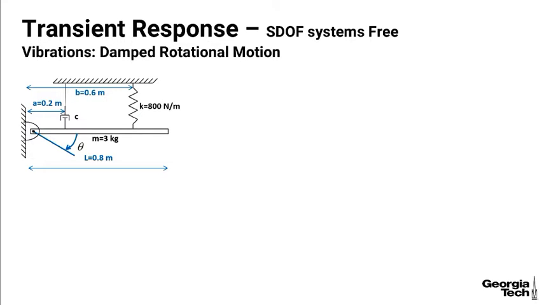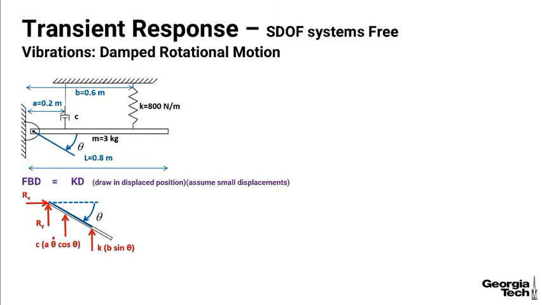Okay, so there's the system. I want to draw the free body diagram equals kinetic diagram in the displaced position. Even though I'm showing rather large angular displacements in my diagram, it's not to scale. We're assuming small displacements.